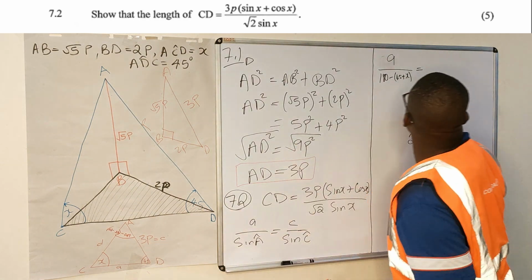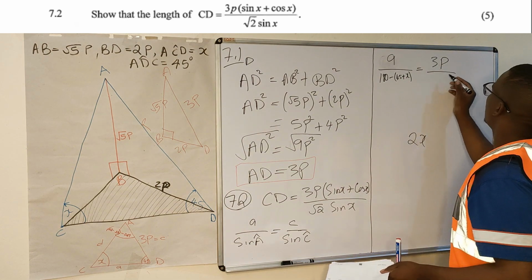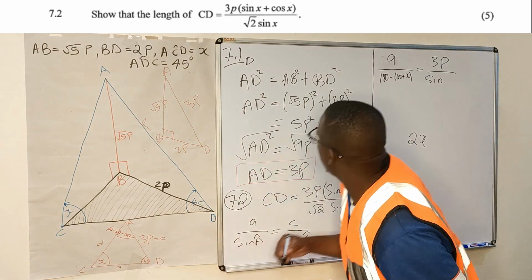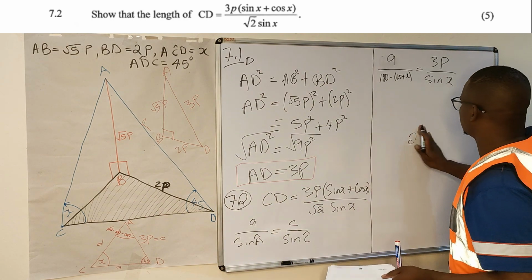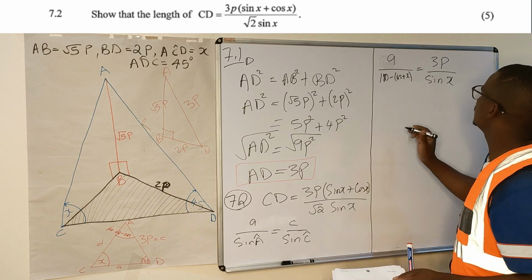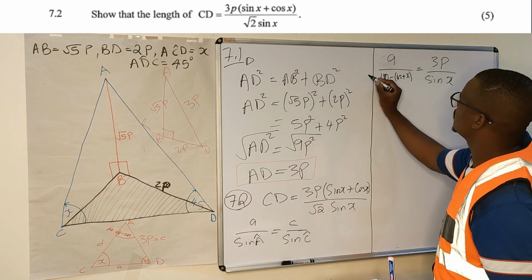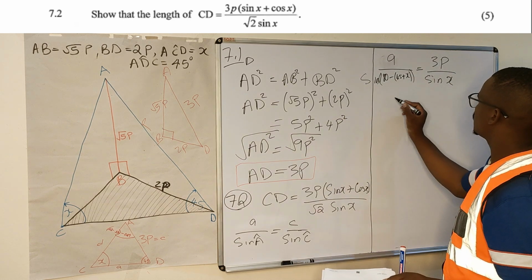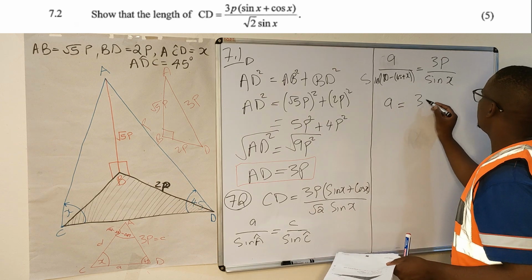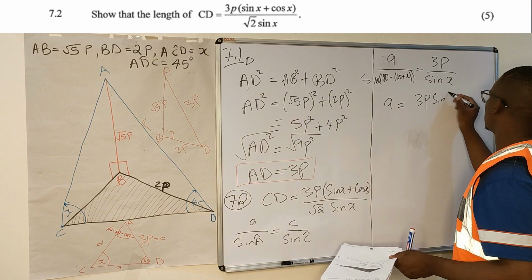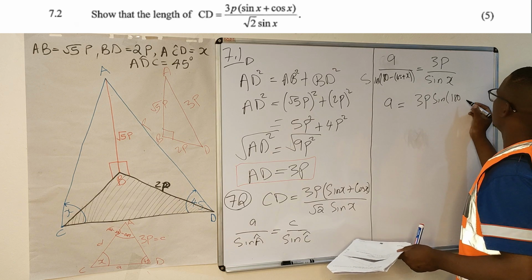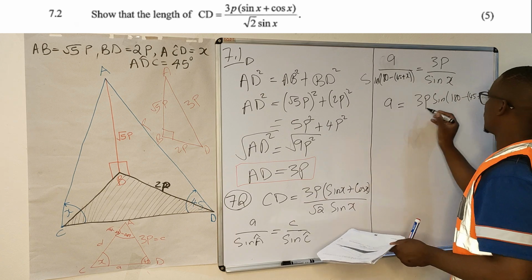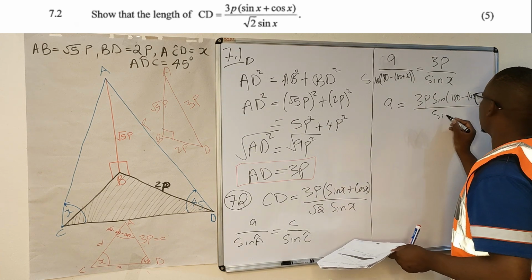Your c is 3p. 3p over sine c, which is x, right? What do we do? Should have sine here. Sine this thing. So a is equal to 3p sine 180 minus 45 plus x all over sine x.